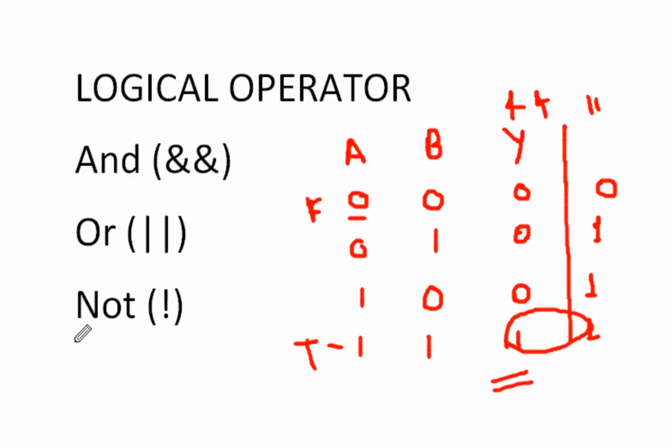But in the case of NOT, our input is just reversed, true or false, meaning the input flips. If we give a false, then it will return true.